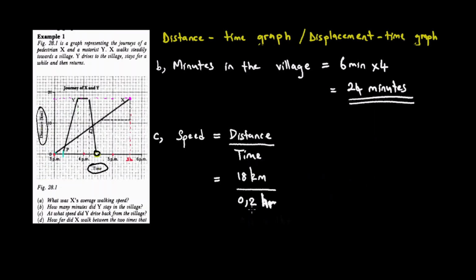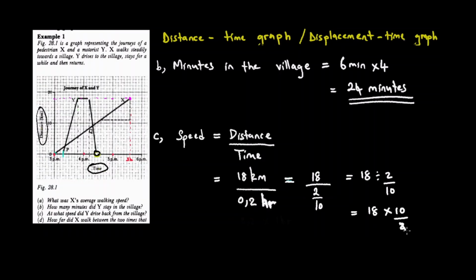So 18 kilometers over 0.2 hours will be equal to 18 over 0.2, which is 2 over 10, which is 18 divided by 2 over 10, which is equal to 18 multiplied by 10 over 2.